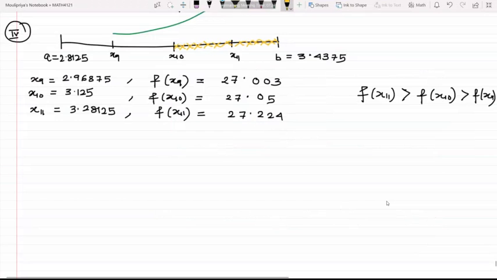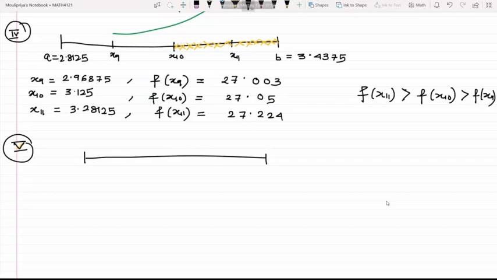Okay, so we have this portion being eliminated. In your next iteration, what do we have? We have this a as it is.